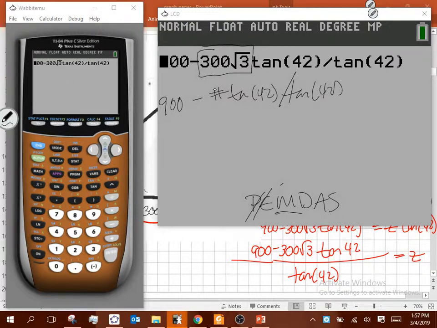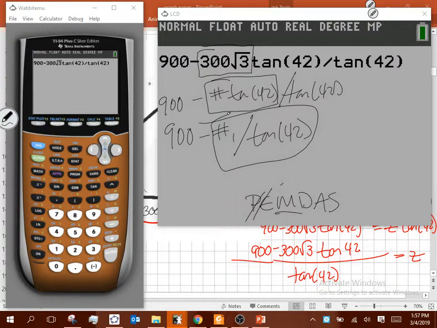So it's going to go through order of operations with this new expression, and do multiplication and division as it sees them left to right. It's going to evaluate that and come up with a new number. Now I have 900 minus this new number, then divided by tangent of 42. It goes through the order of operations again, and now I get division, and it's going to do that division.